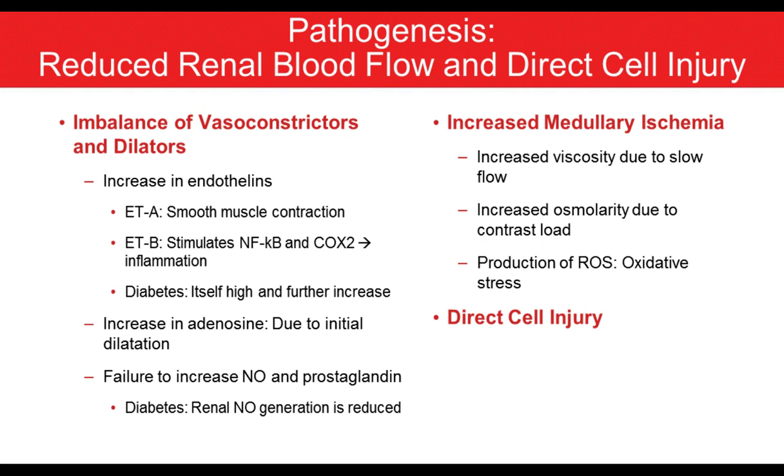There is an increase in adenosine, and a failure to increase nitric oxide and prostacyclins. Diabetic patients already have impaired renal nitric oxide generation, and with contrast, it gets further compromised. And that's why patients with diabetes are more prone to contrast injury. And there is increased medullary ischemia and direct cell injury.